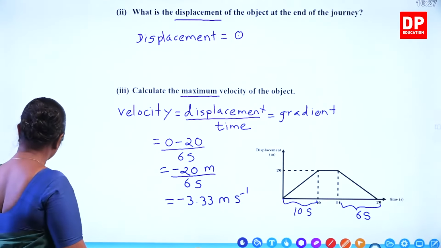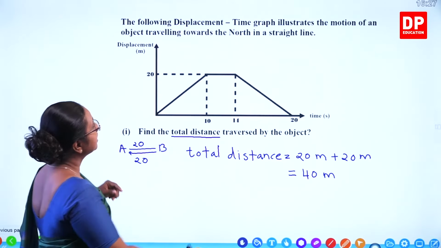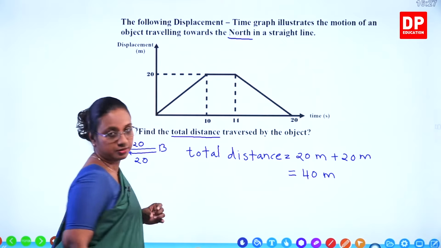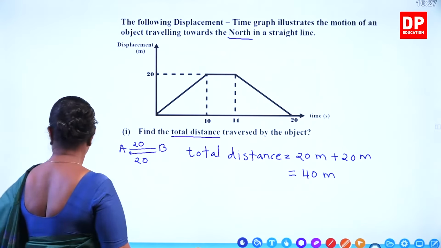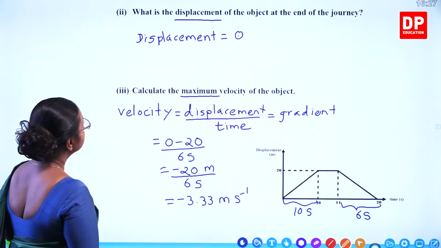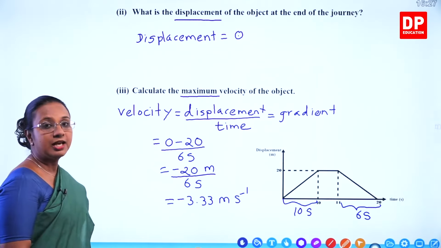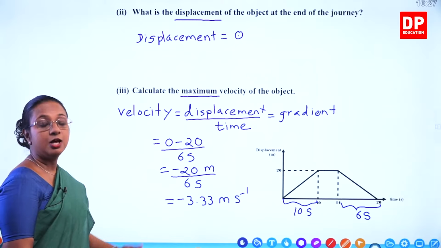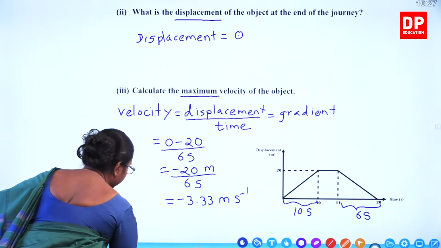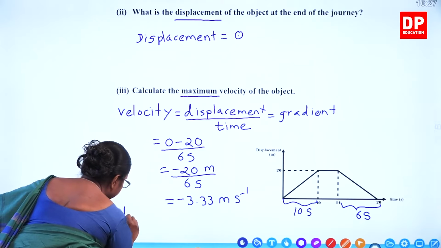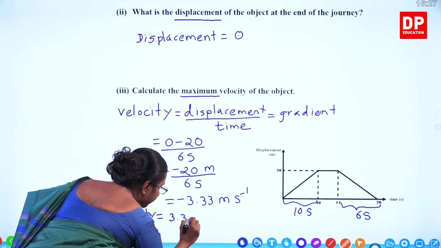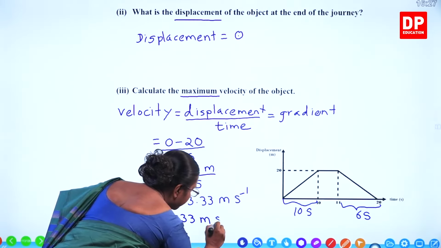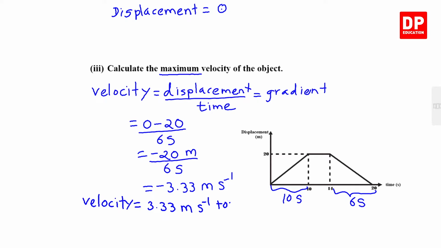If you can remember the question, I will go back to the question. Here it said it is to the north. So now the object has moved towards the south. So we will come back to the question. Here the velocity is going to be in the opposite direction. So again I will write it as velocity equals 3.33 meters per second towards south.